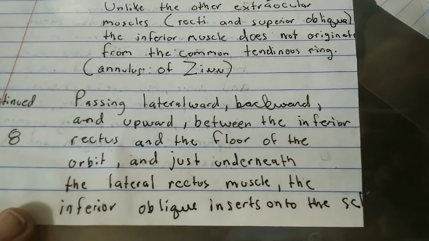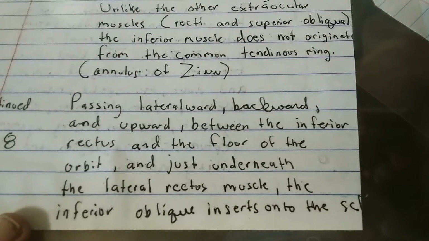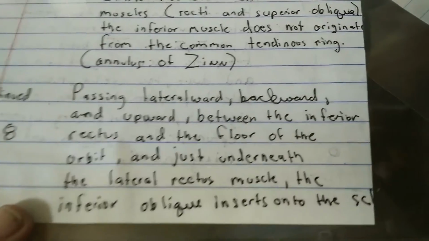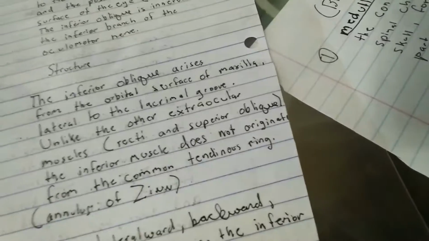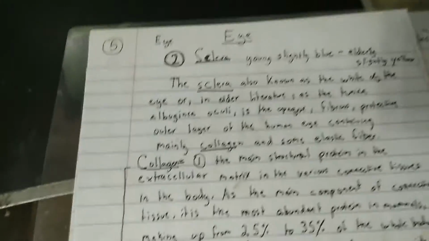Passing laterally, backward and upward between the inferior rectus and the floor of the orbit, and just underneath the lateral rectus muscle, the inferior oblique inserts into the sclera, is what that says. So we went from the sclera to the inferior oblique, sclera, inferior oblique, and of course the iris.